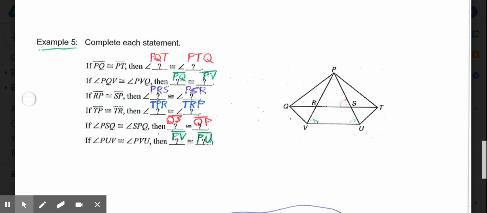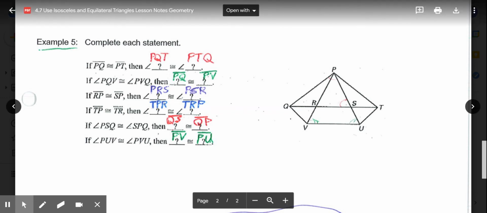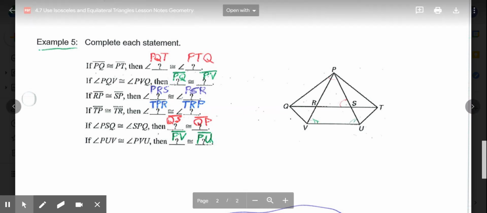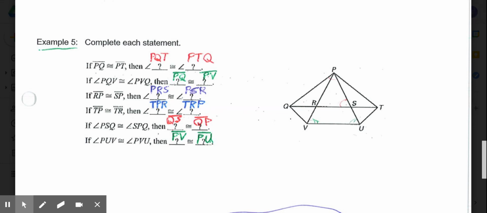If side TP is congruent to side TR, so TP and then TR, we're looking at this triangle kind of tipped sideways. So then we know triangle TPR is isosceles, meaning angles TPR and TRP are congruent.